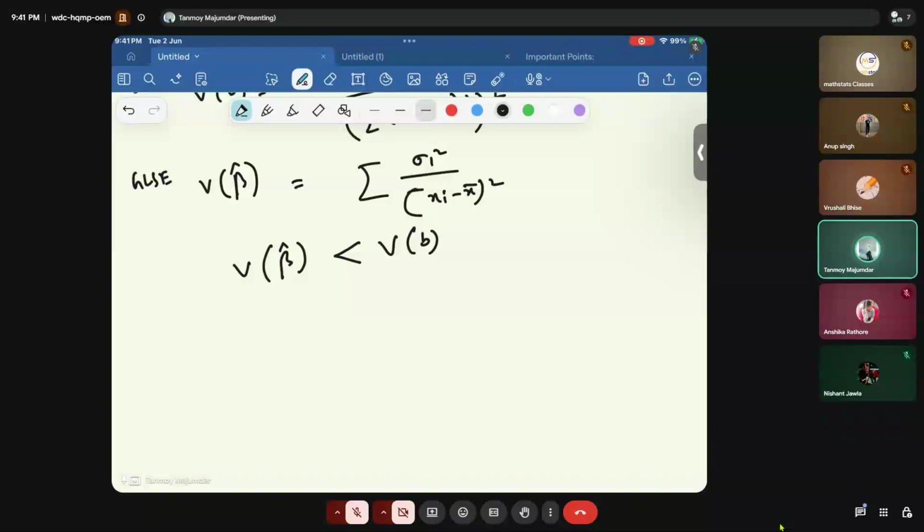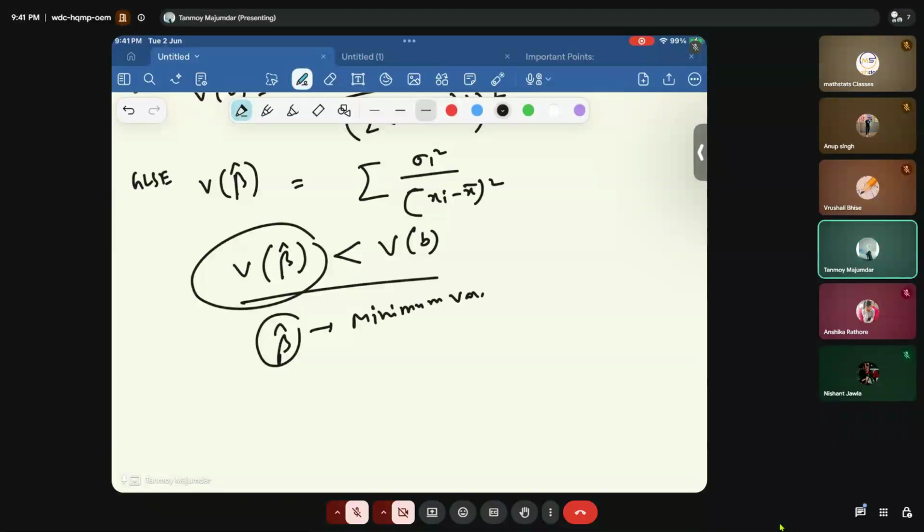Because if you take the ratio, that ratio will be the correlation coefficient between two variables, and that is less than or equal to 1. That is why the variance of beta hat is less than the variance of B. So beta hat has the minimum variance, because we do not have any other estimator to compare with.